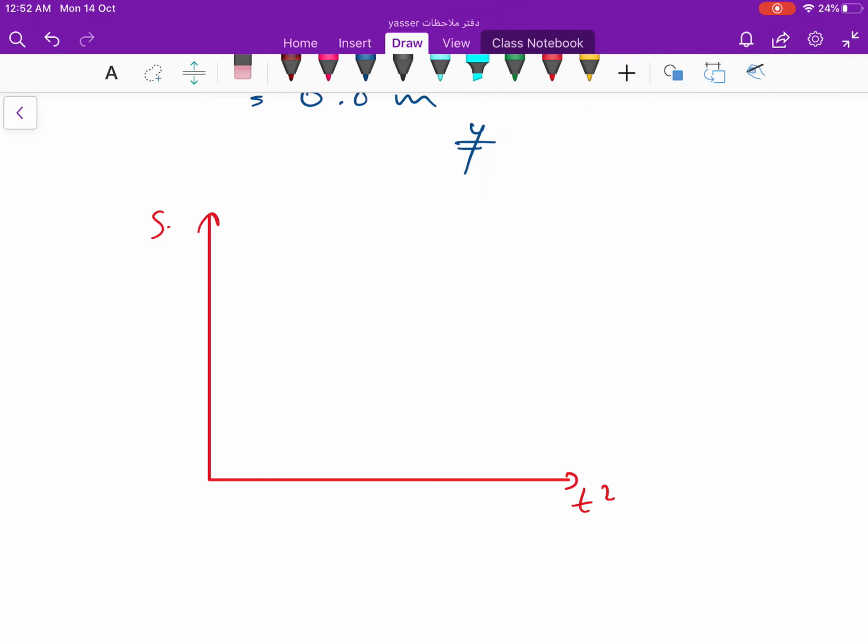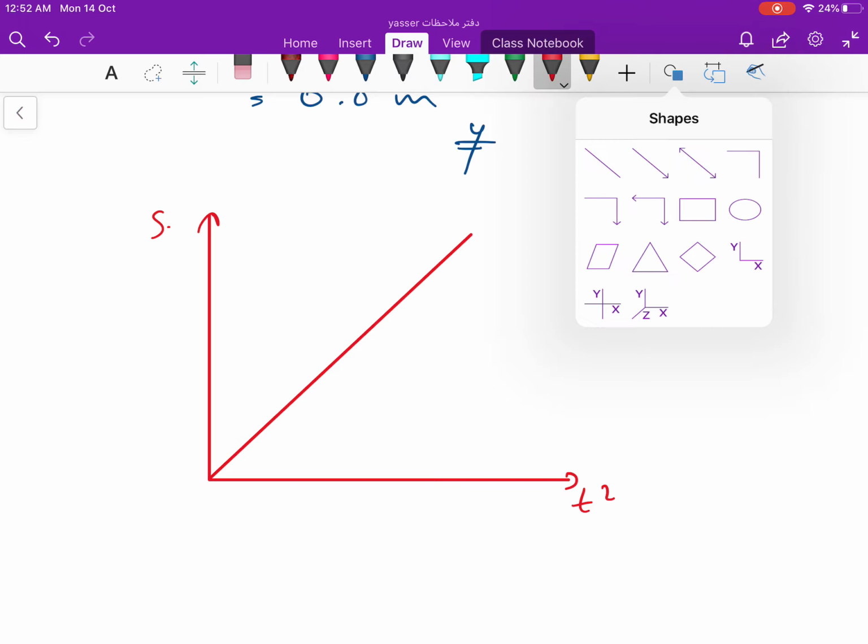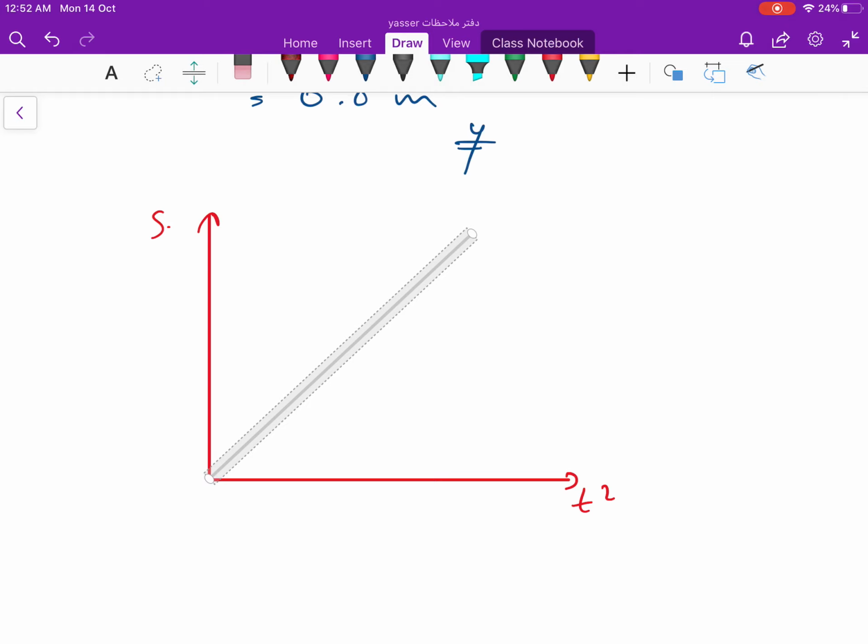and the graph is represented by a straight line, what do you think the gradient will be? Some students think that the gradient is the acceleration, but actually the gradient here is not the acceleration. In order to calculate the acceleration, we need to draw the largest triangle.